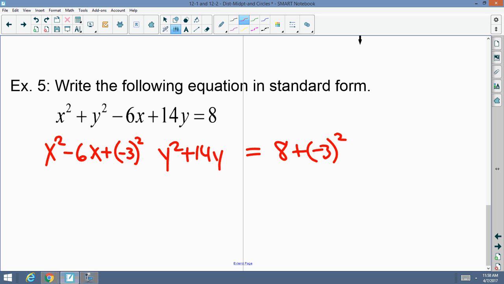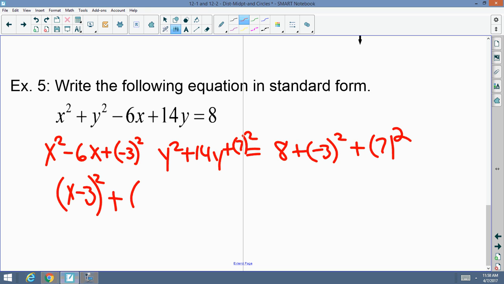And then I'm going to add my b over 2 squared from the y to both sides. So this is x minus 3 squared plus y plus 7 squared equals 8 plus 9 plus 49, and that's 66. What's my center?